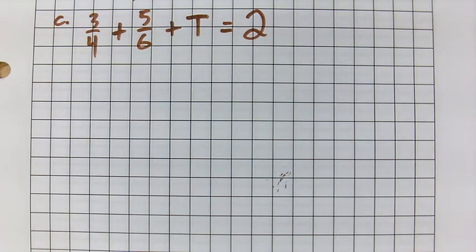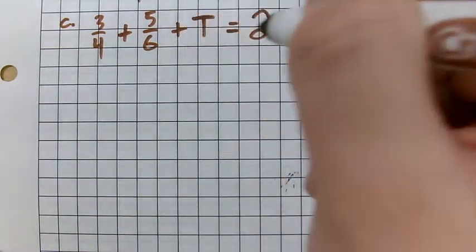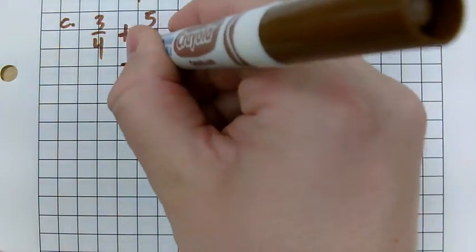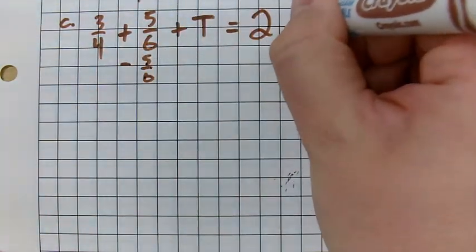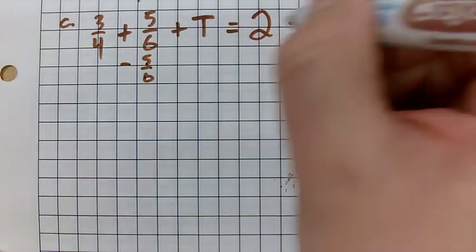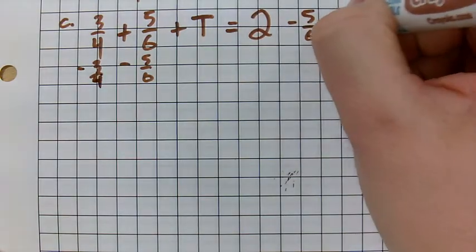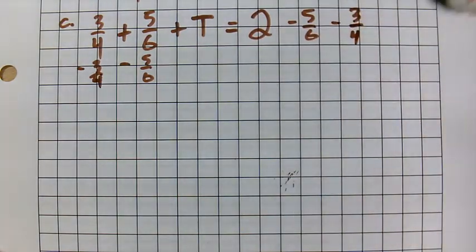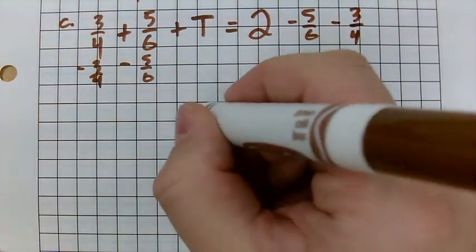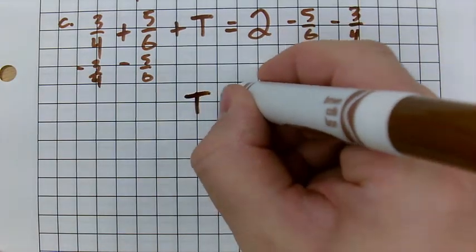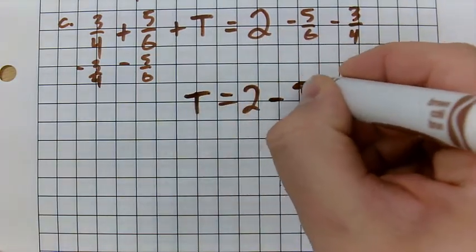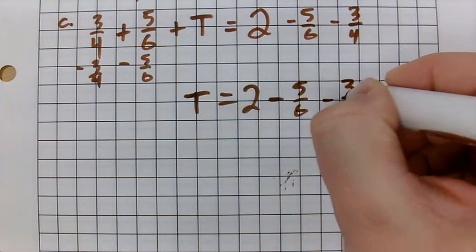Now, we would need to get our T by itself, right? So we're going to subtract 5/6 from both sides. We're going to subtract 3/4 from both sides. And we'll be left with T equals 2, subtract 5/6, subtract 3/4.